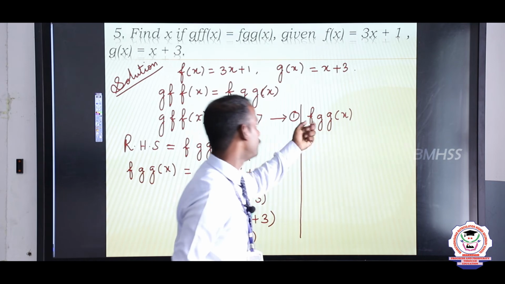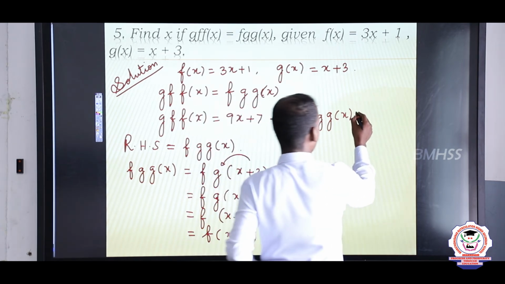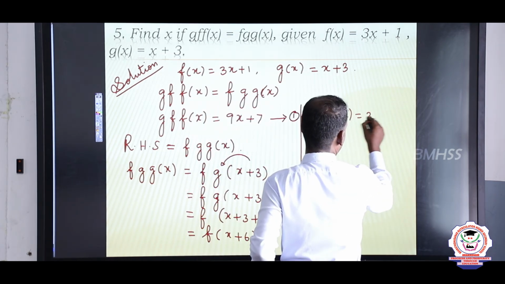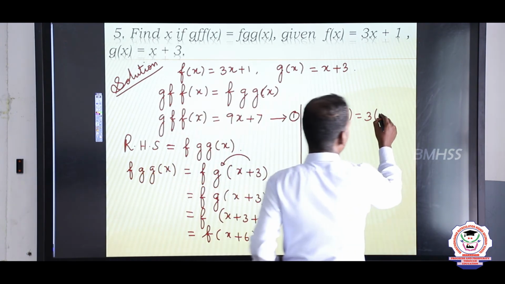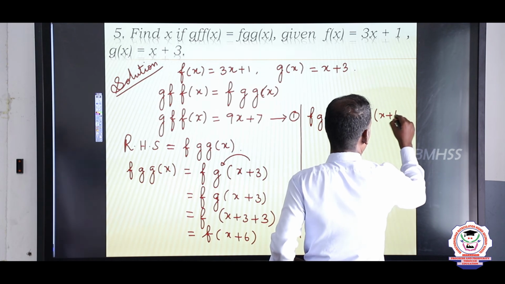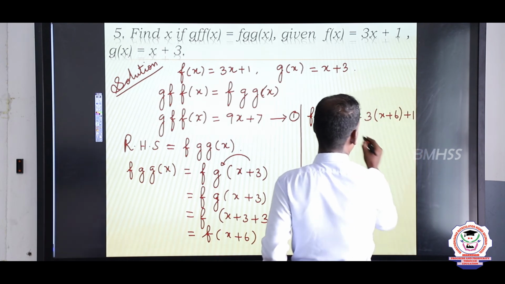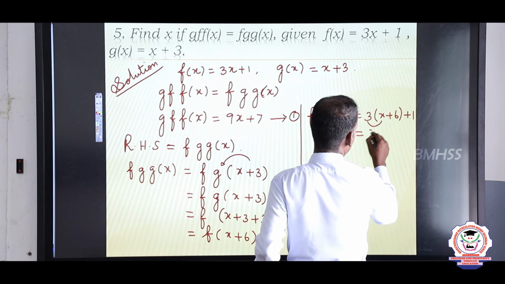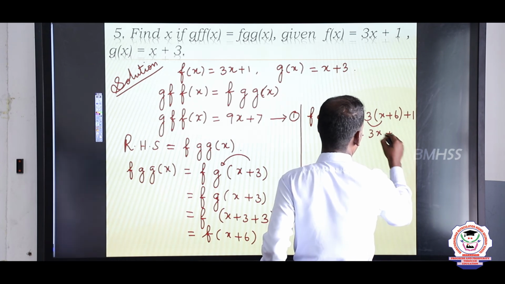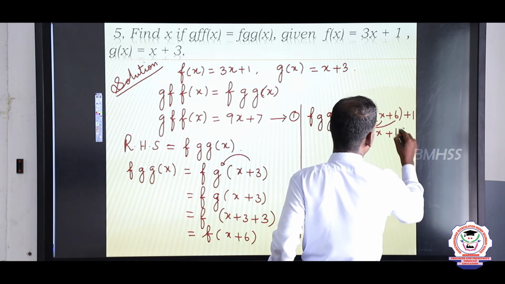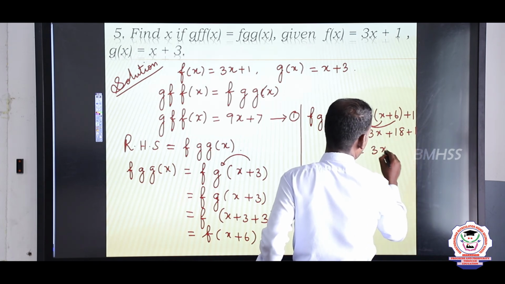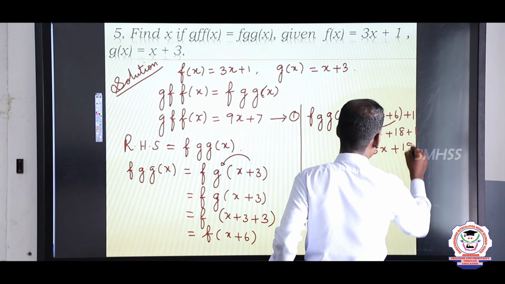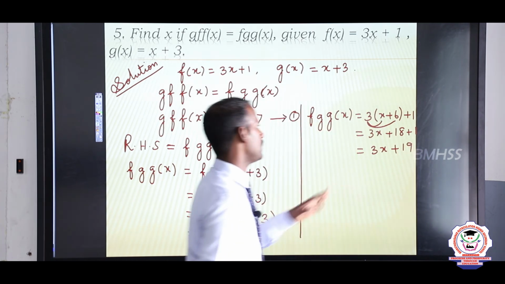Here f of g of x equal to 3 into x plus 6, plus 1. Here 3 into x, 3x plus 3 sixes are 18. So plus 1. So here 3x plus 18 plus 1, 19. This is the RHS part.